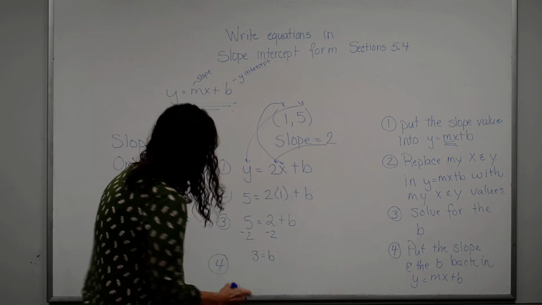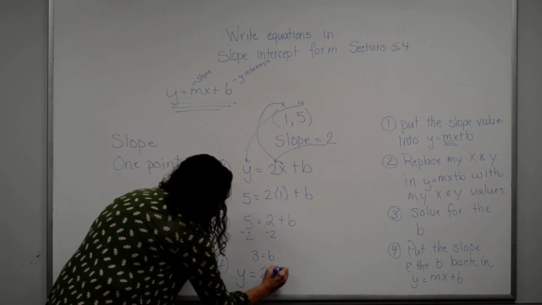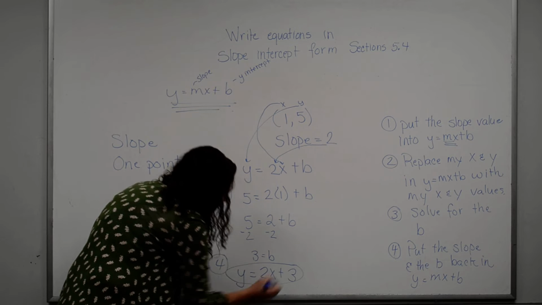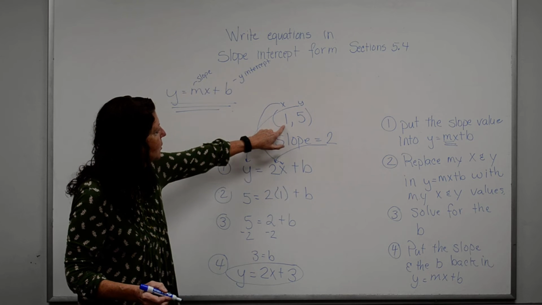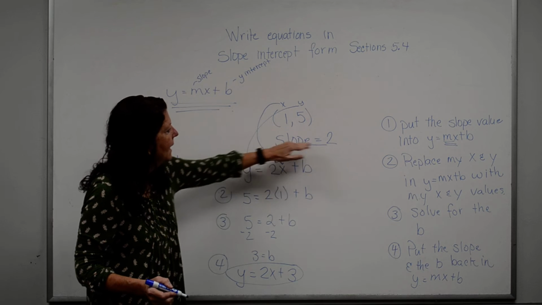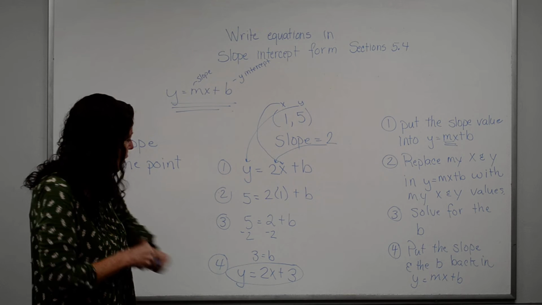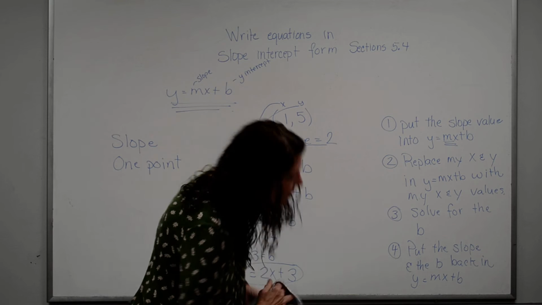Remember my slope value is 2, so y equals 2x. My b value is 3. So what I've done is I've found the equation of the line that goes through the point (1, 5) and has a slope of 2. Okay, and that's all they're asking for right there. Now you can graph it. You already know how to graph that. So let's do another one of those.